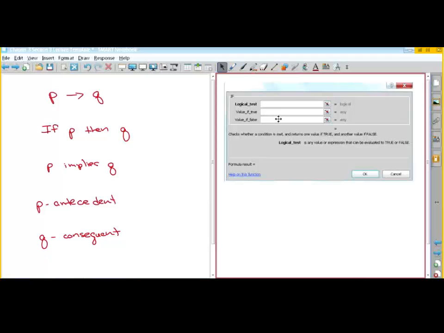If the statement is false, then you do the second line. So you might say, if A is greater than B, and specifically A is 10 and B is 5, then that statement would be true, and you might use one calculation if it's true and another calculation if it's false.